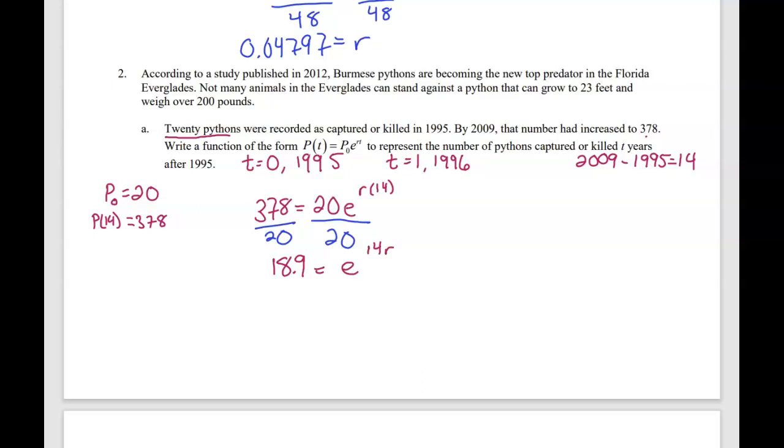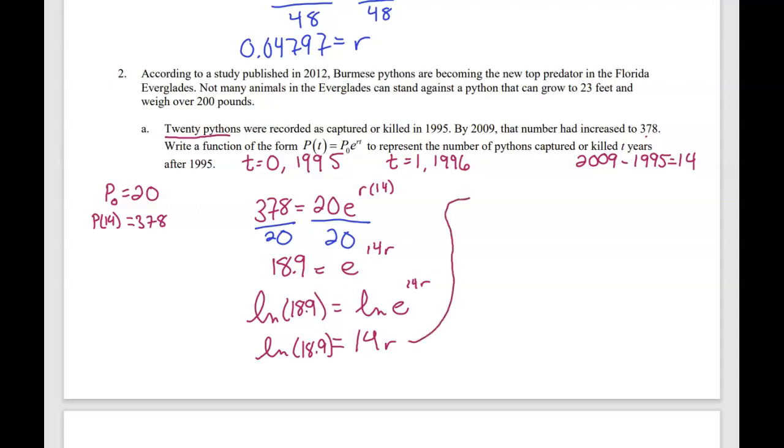I take the natural log of both sides, and when I do so, remember that the e is going to go away and leave me with just 14r, and I have the natural log of 18.9. Then I divide both sides by the 14.